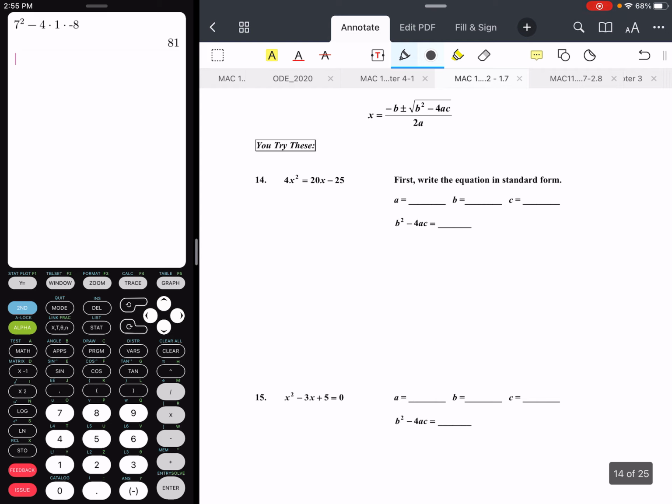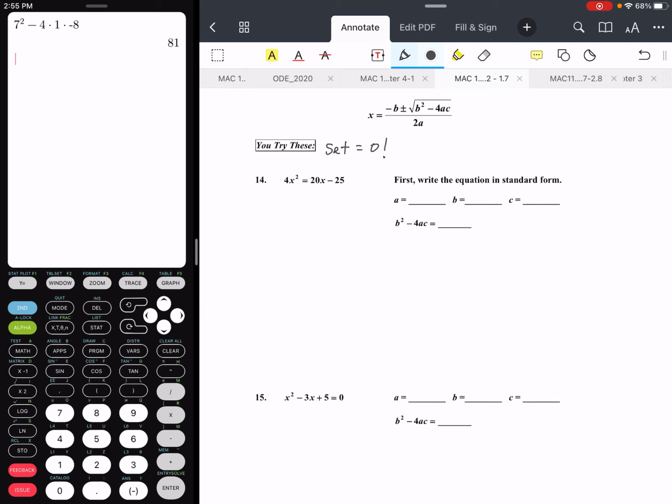All right, looking at number 14, notice that this is not set equal to 0 first. So for number 14, we need to set it equal to 0 before moving forward. Now, you could subtract 4x squared from both sides, but I like to have the x squared coefficient be a positive number.